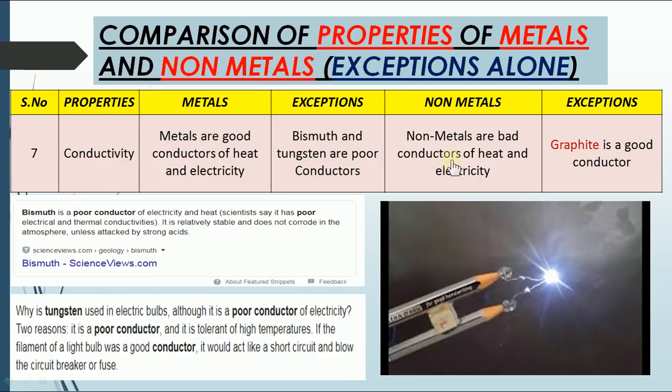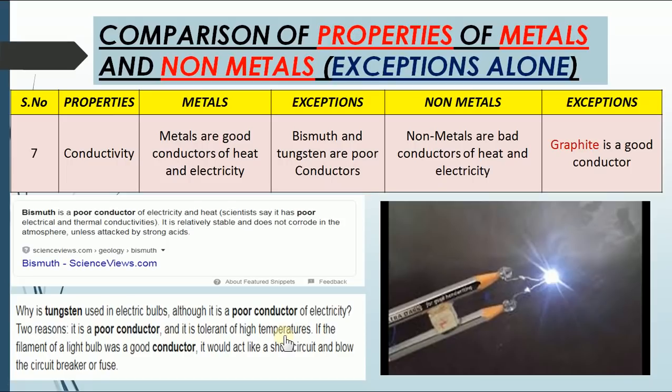Now come to the next one, tungsten. Tungsten we use in the bulb, right? It's a small filament. But why is tungsten used in electrical bulbs? Although it's a poor conductor, it's still used in bulbs, because it's tolerant of high temperature. Remember, when we keep passing current through a particular object, it heats up, right?